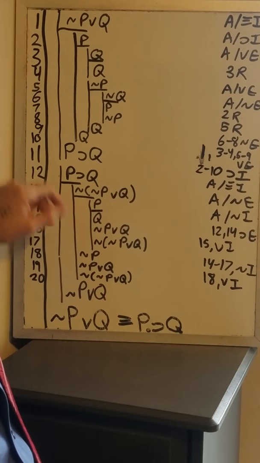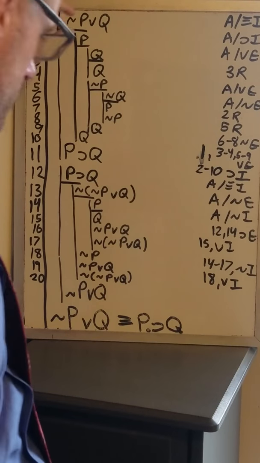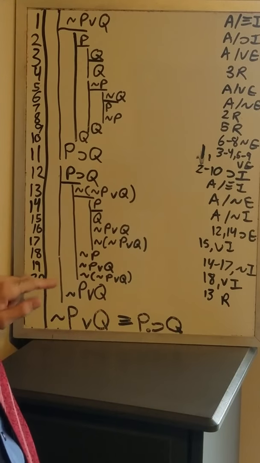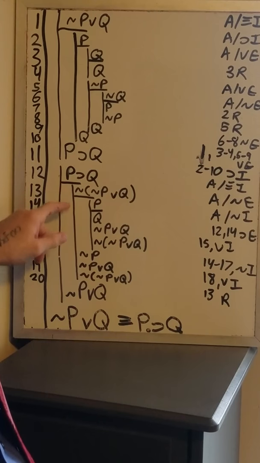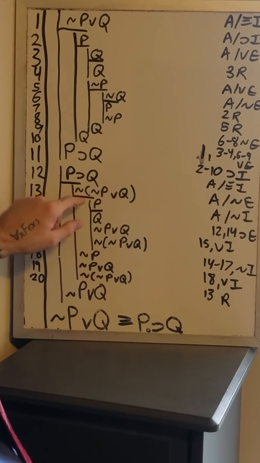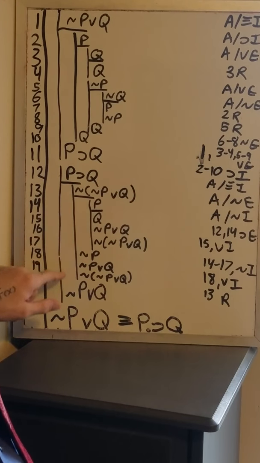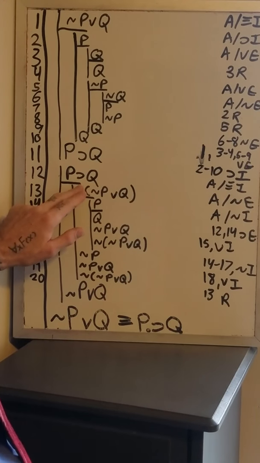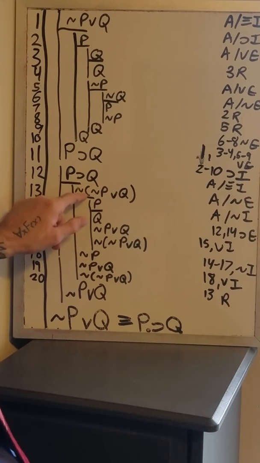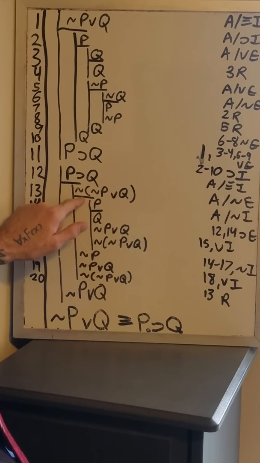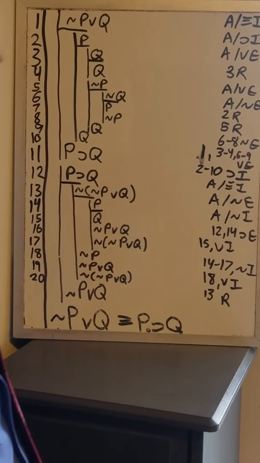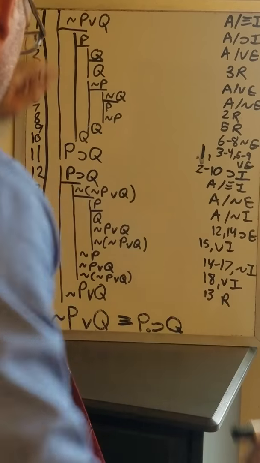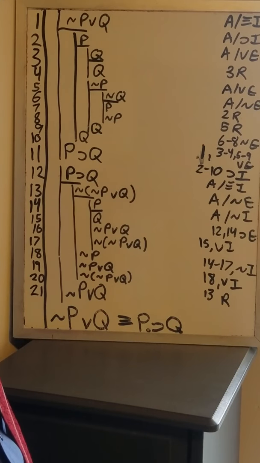So line 20 is reiteration on line 13. And now finally on line 21, we can close this subderivation out. We've shown that this assumption led to a contradiction, so we know that this negation can't be there, right? Because this formula with the negation sign led to a contradiction. So lines 13 to 20, negation elimination.